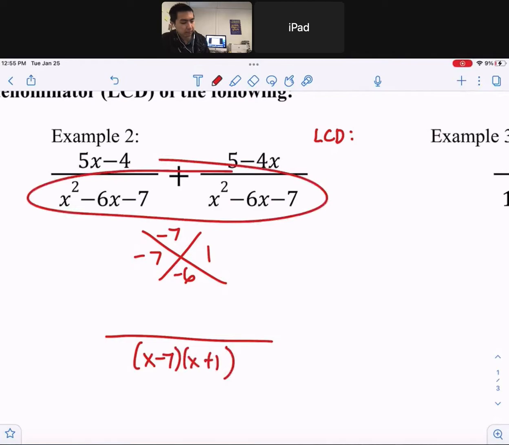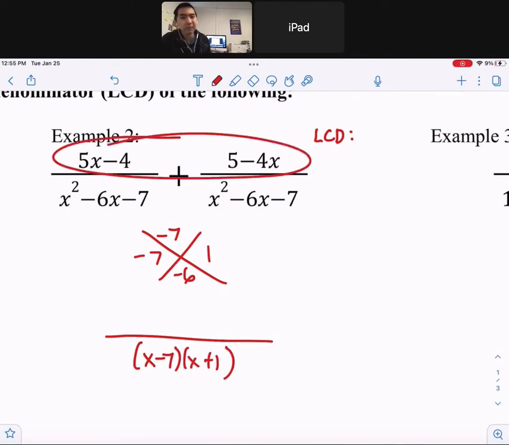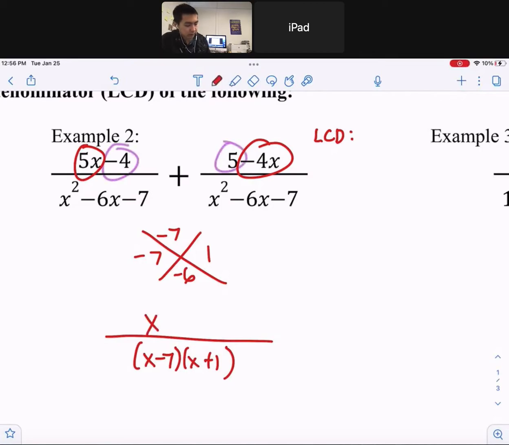They're both the same, right? Since they're both the same, we could just add the top together. 5x minus 4x is x. Negative 4 plus 5 is plus 1. And this is the reason why it's always good to factor your denominators out.